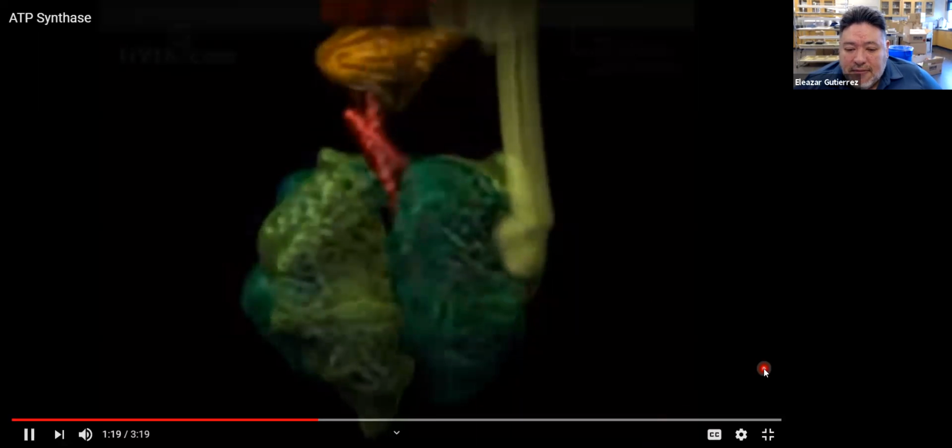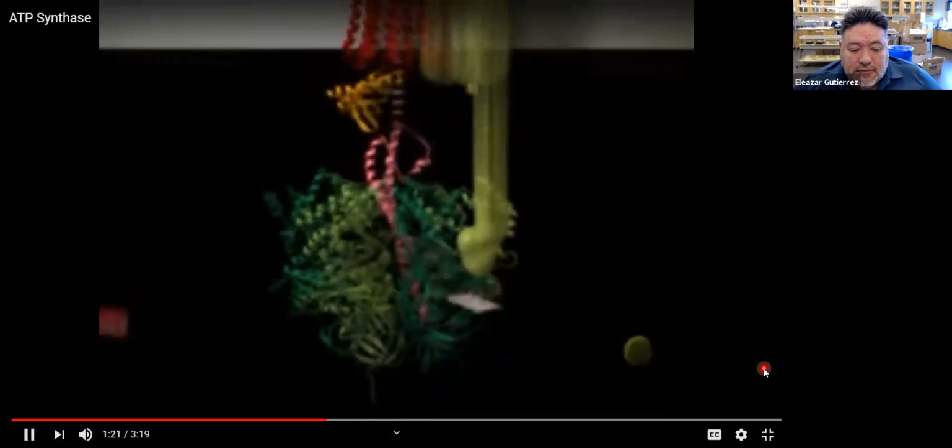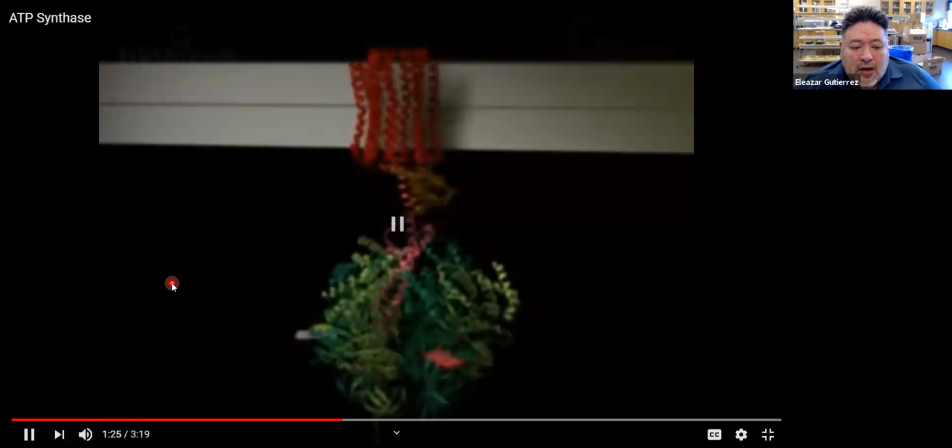There goes ATP. The F1 ATPase portion of ATP synthase has been crystallized. When they say crystallize, they mean X-ray crystallization, which means that they know what it looks like molecularly.